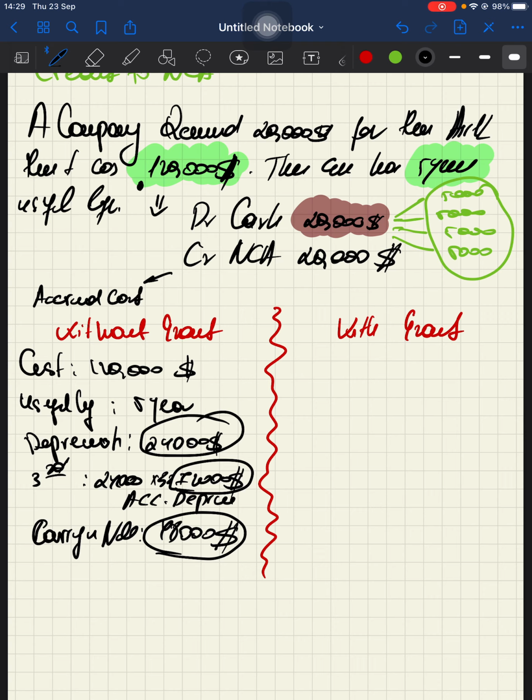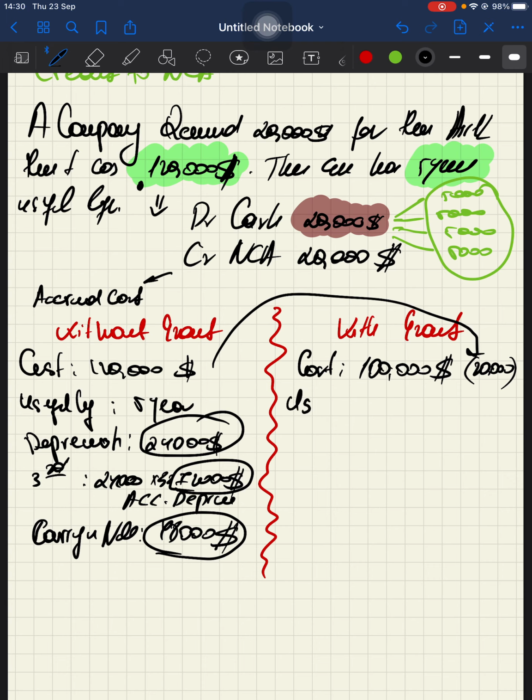But let's look at the treatment of the asset as if we have received the government grant. Here we should treat the cost as $100,000. Sorry, let me correct this. We will treat this as $100,000, because we have deducted the 20,000 received from the cost of the asset. The other related information is the same.